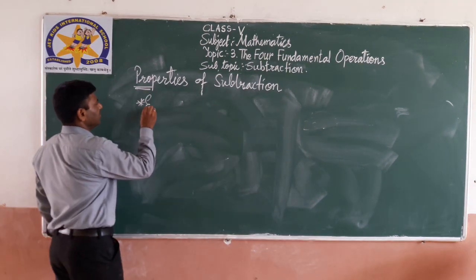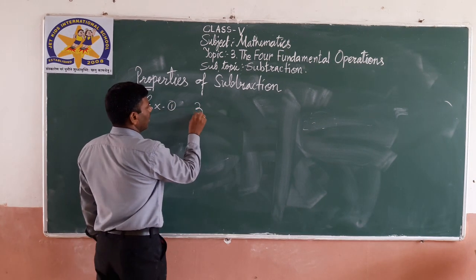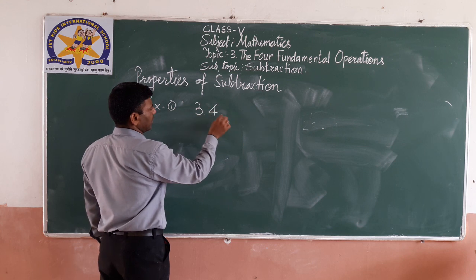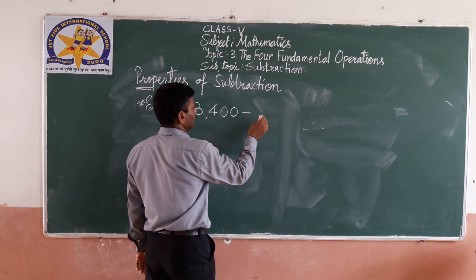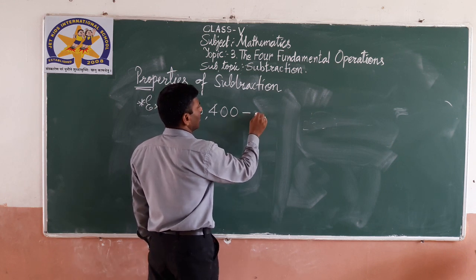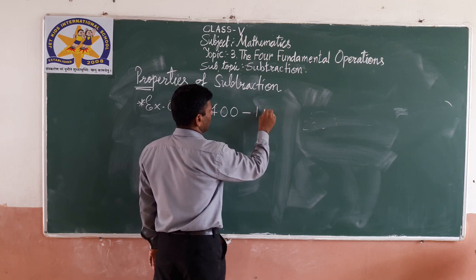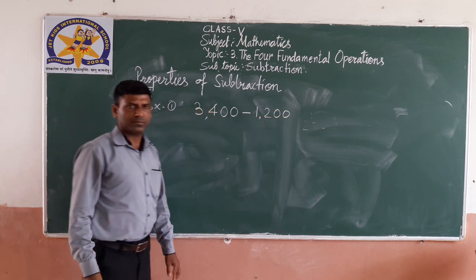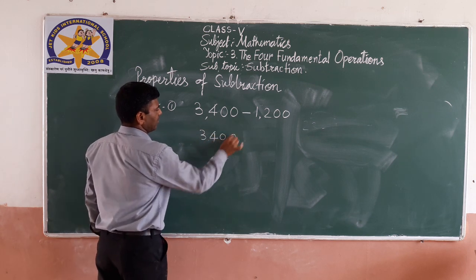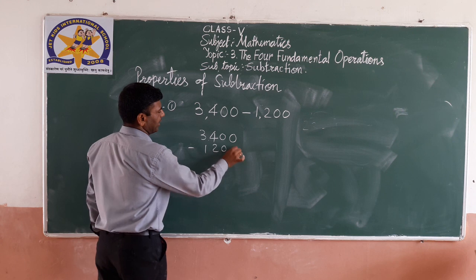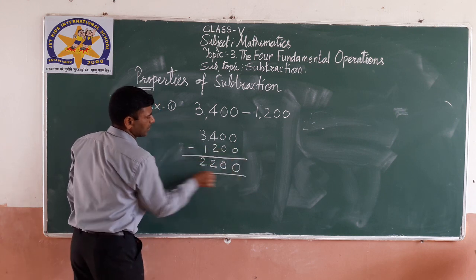Let's take an example. 3400 minus 1200. You can subtract 3400 minus 1200 like this: 0, 0, 2, 2.